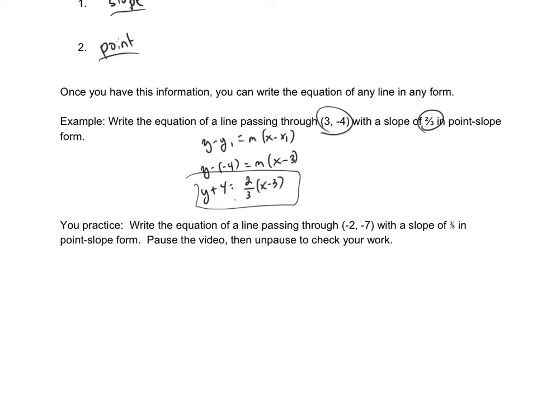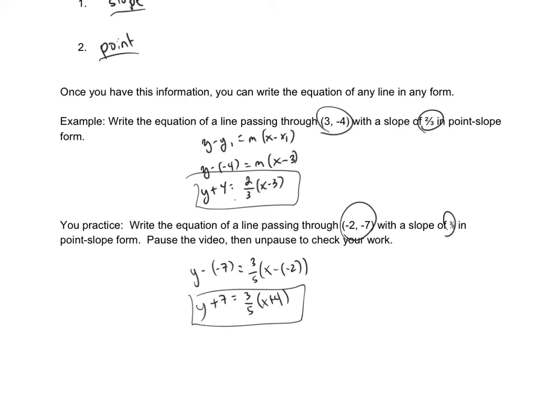So here's my slope, 3/5, my point, (-2, -7). So I'm going to plug all those things in, and then simplify at the end. Of course, if you jump straight to this step, because you know that subtracting a negative means adding, that's perfectly fine.